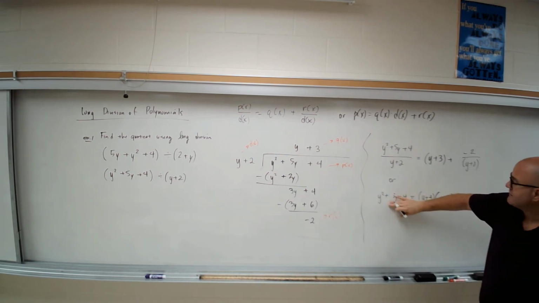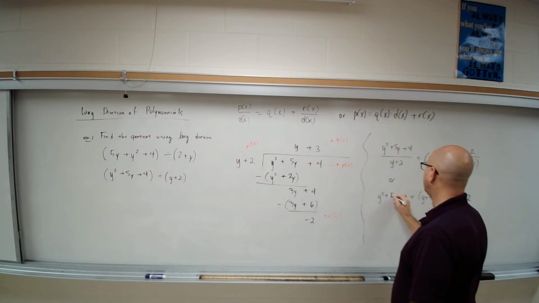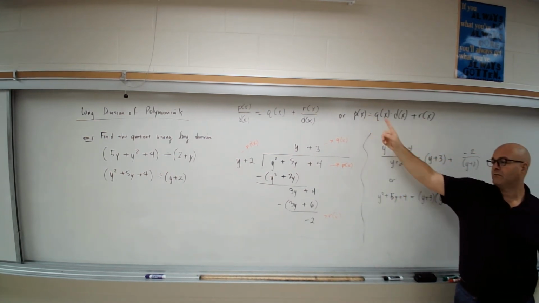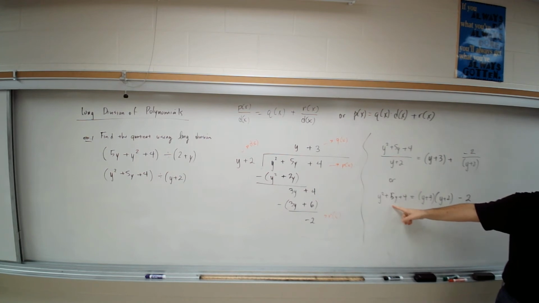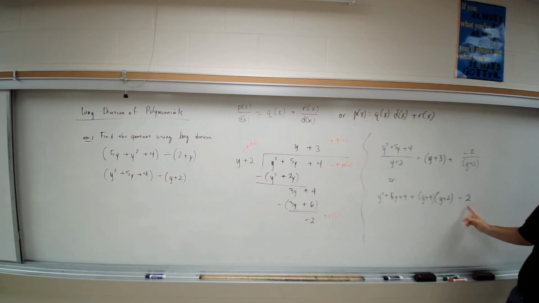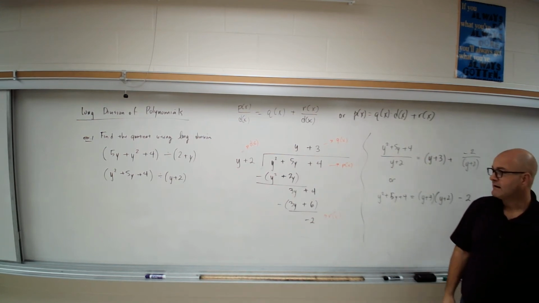So that's a lot easier way to look at it in terms of checking, is to use this model right here. So right, the original polynomial, or the original numerator, and then this was the divisor, or the quotient times the divisor, and then that's plus the remainder there, is how we could write that.